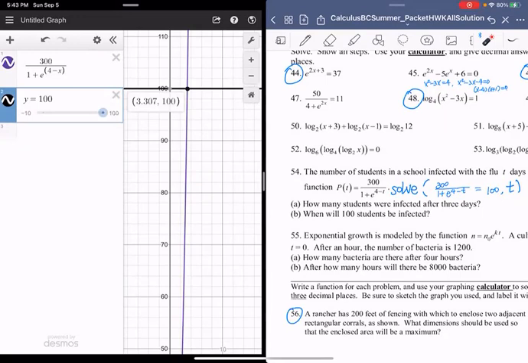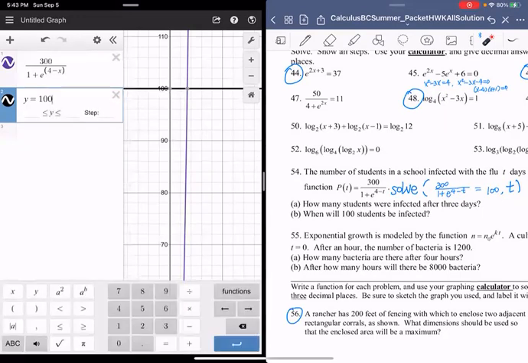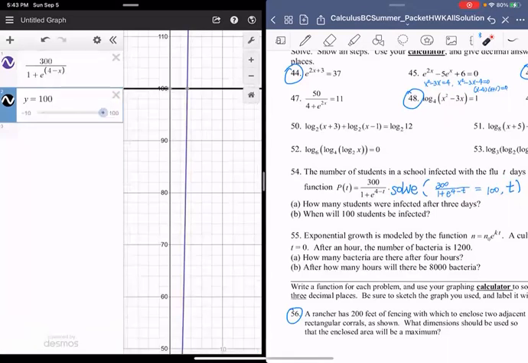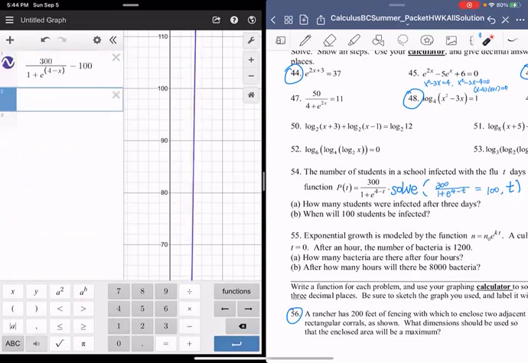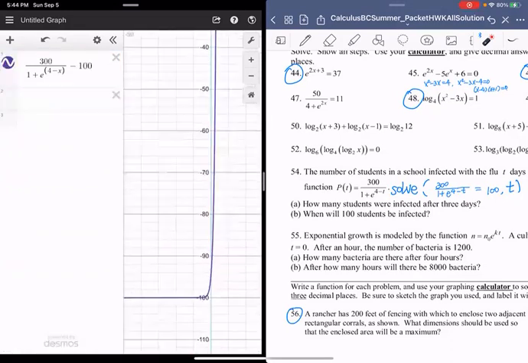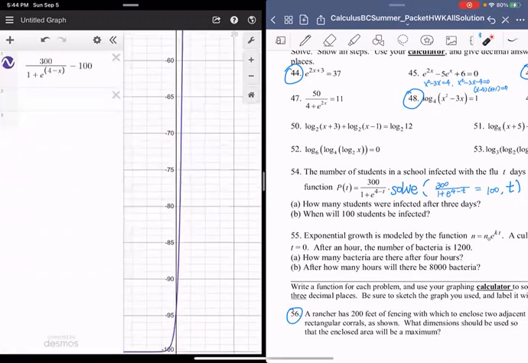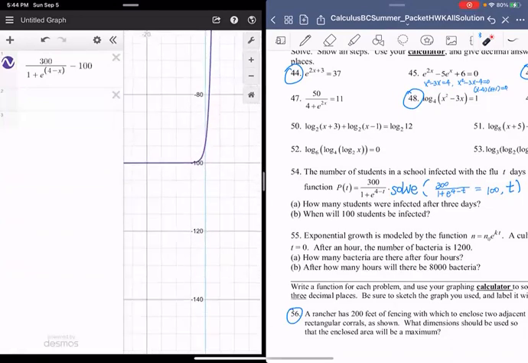Okay. Brian, does this method work for you? Yeah. I just put it in and got it. So if you don't like to find the crossing points, you can also do it this way. You can say, I'm going to minus 100, and then I'm going to just look for the points where it reaches zero.